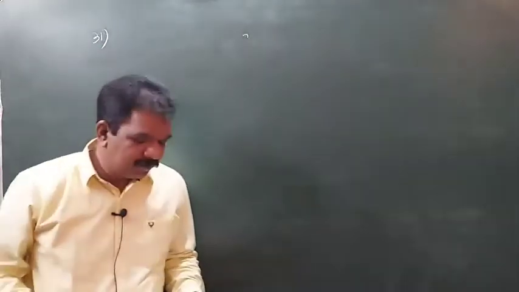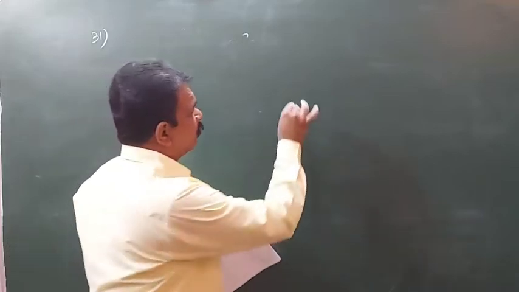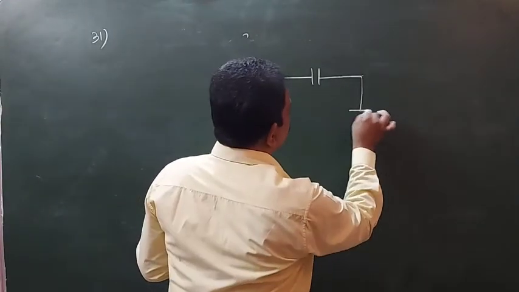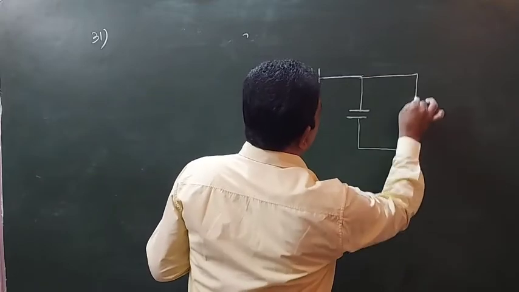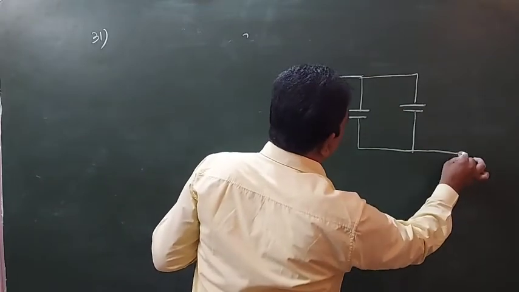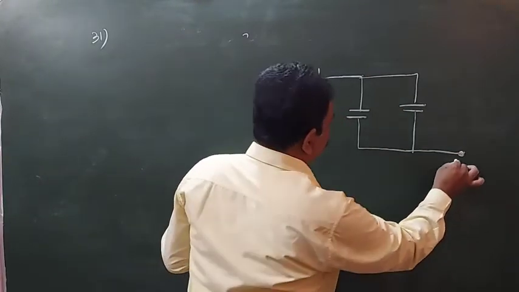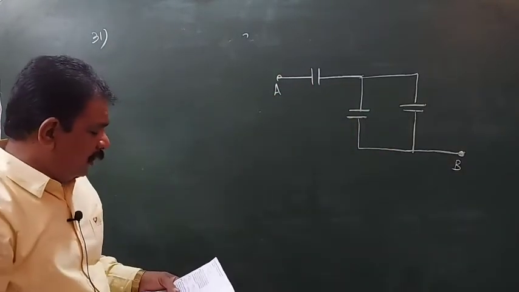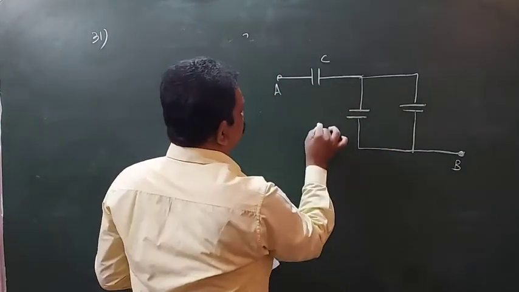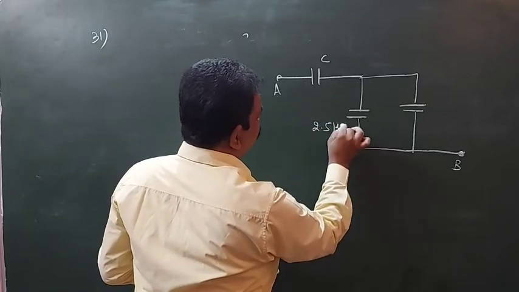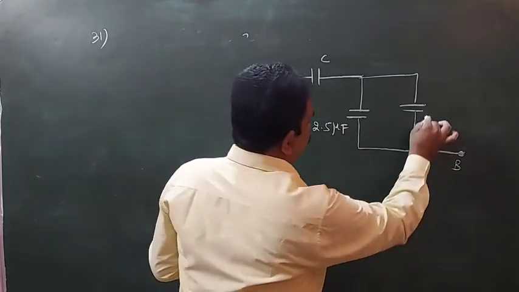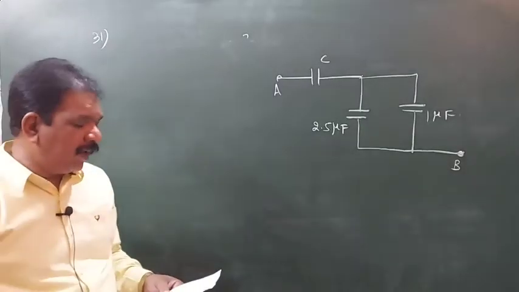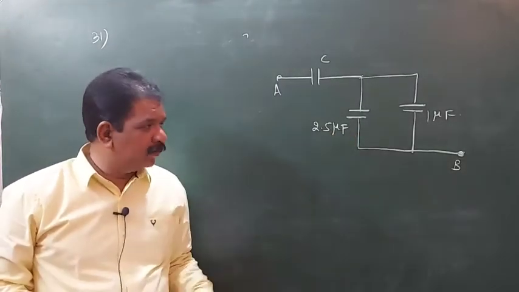They gave a circuit. Here this is C, this is 2.5 microfarad, this is 1 microfarad. CAB value is 1 microfarad.